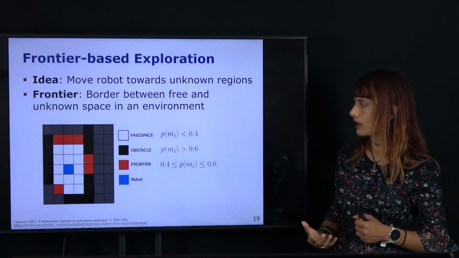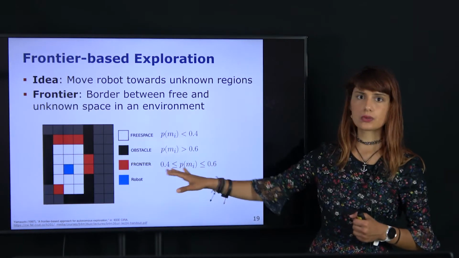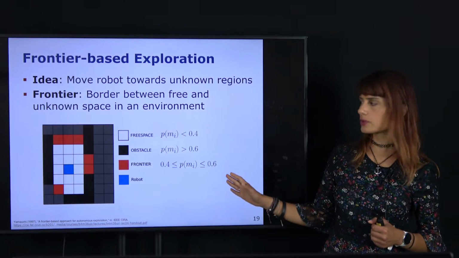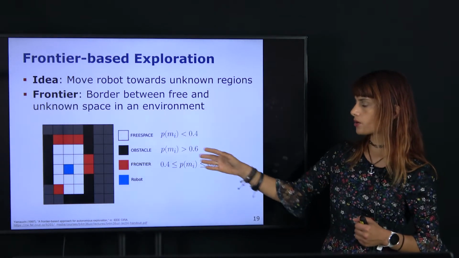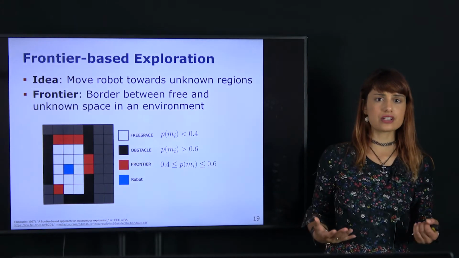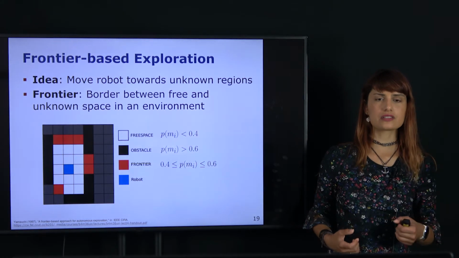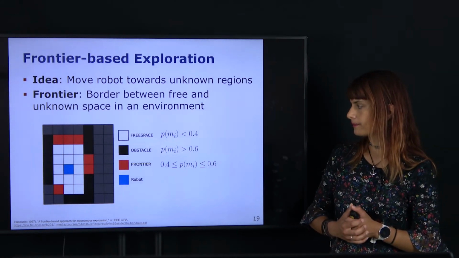And in order to identify frontiers, not surprisingly, we need to set some thresholds on what we consider to be free and occupied space. Depending on how we change these thresholds and how strict we are with them, we can make our exploration strategy more or less conservative.